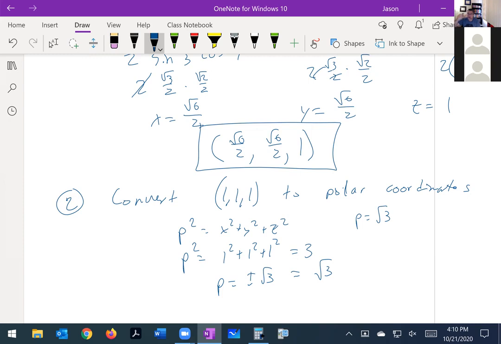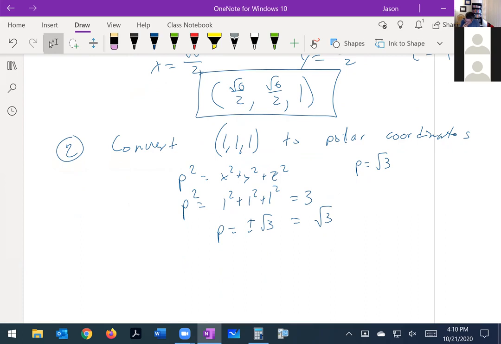Let's find the radius. Now what do I know? I know that x is equal to rho times the sine of phi times the cosine of theta, y is equal to rho times the sine of phi sine of theta, and z is equal to rho times cosine of phi.